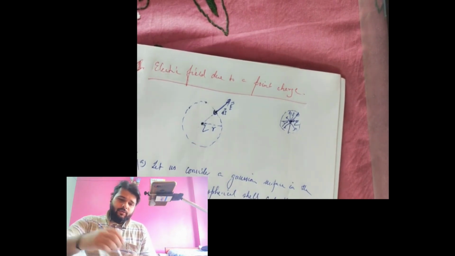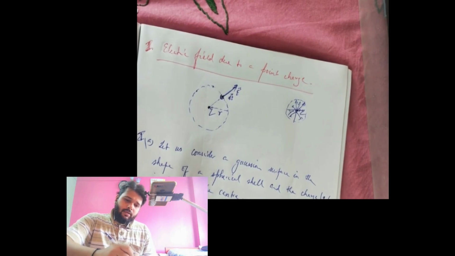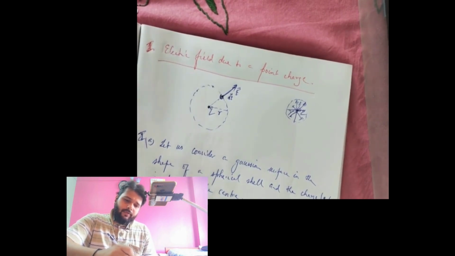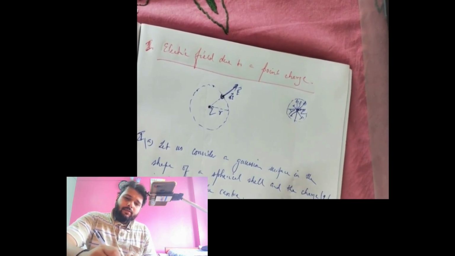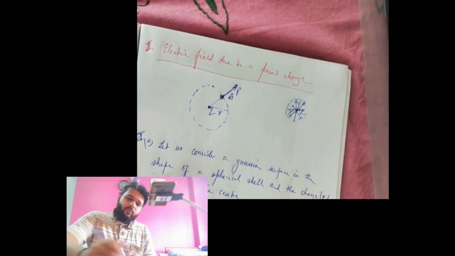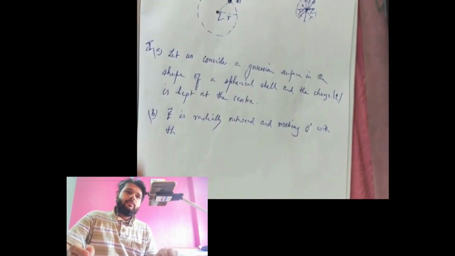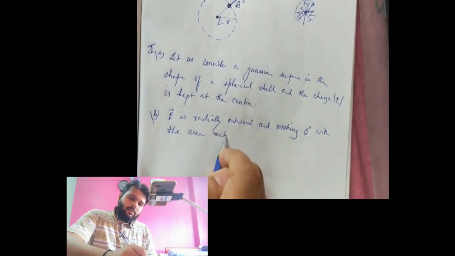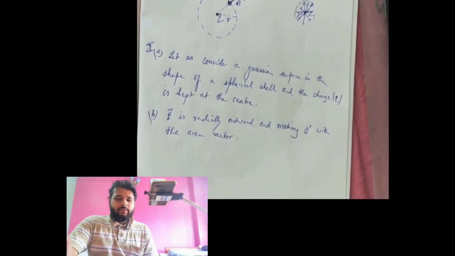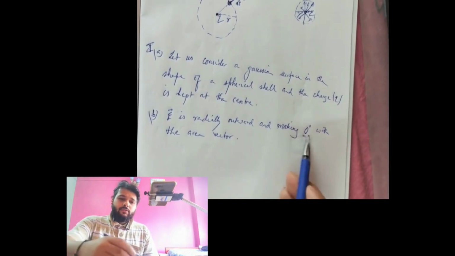So here we can write that the electric field E is radially outward and making 0 degree with the area vector. Okay, so what is this 0 degree?